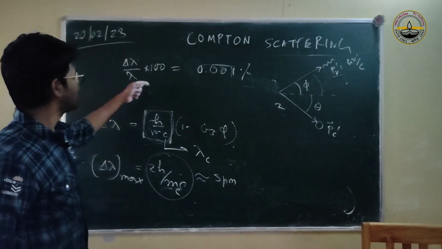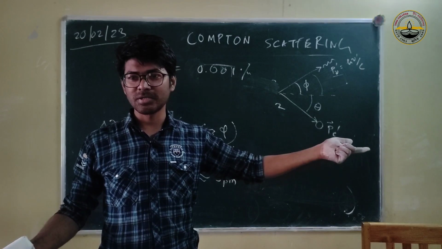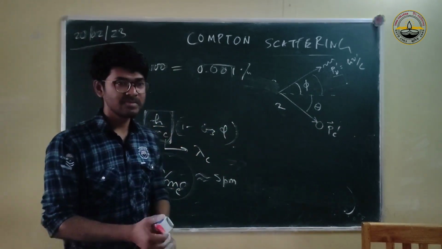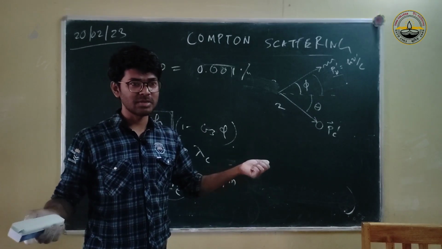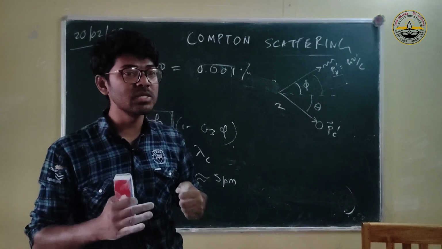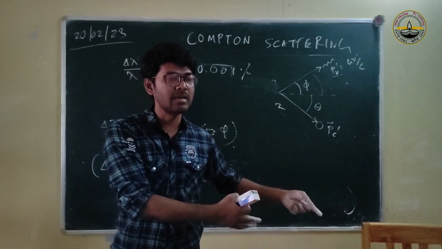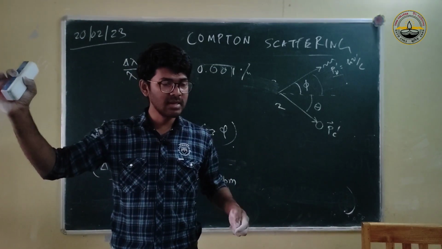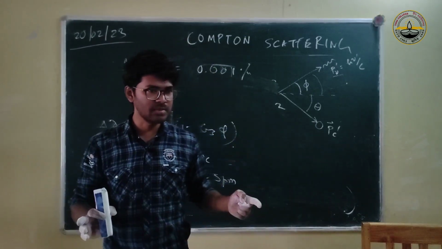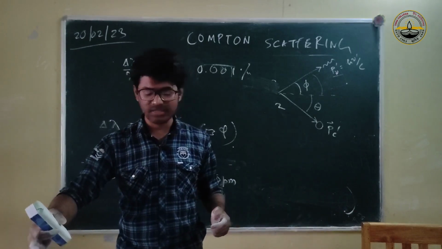But if you did this for X-ray, take X-ray, 0.1 nanometers to 10 nanometers. Let's take something in the middle, 5 nanometers, and calculate this. You'll see it's around 10% or something. So significant change. The X-ray loses more energy during this kind of interaction with matter compared to visible light. In fact, light loses energy in various ways, and you will find various ways later in this course or in other courses.